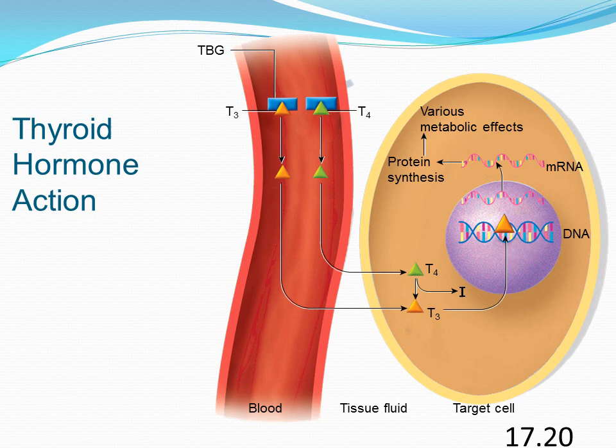And this is through a type of enzyme, a deiodinase, that takes the iodide off of the T4 to convert it to T3. And sometimes that doesn't go well, and you end up with RT3, which isn't an active form of the thyroid hormones, but we do see it in circulation sometimes. And then, we'll talk about the metabolic effects of this another time.